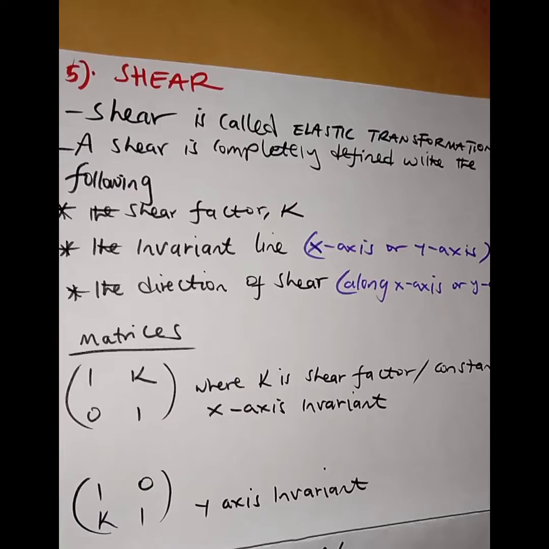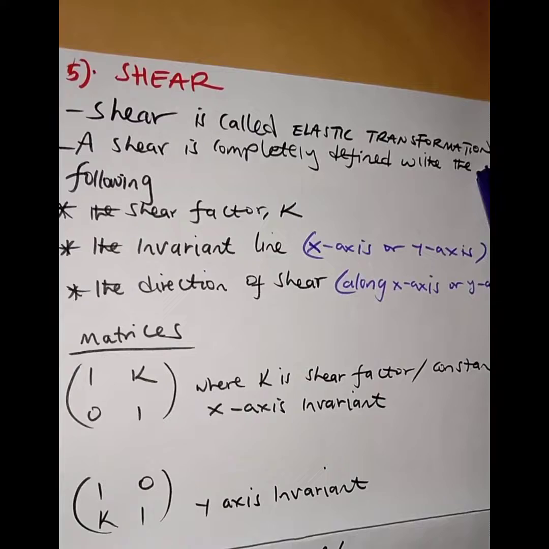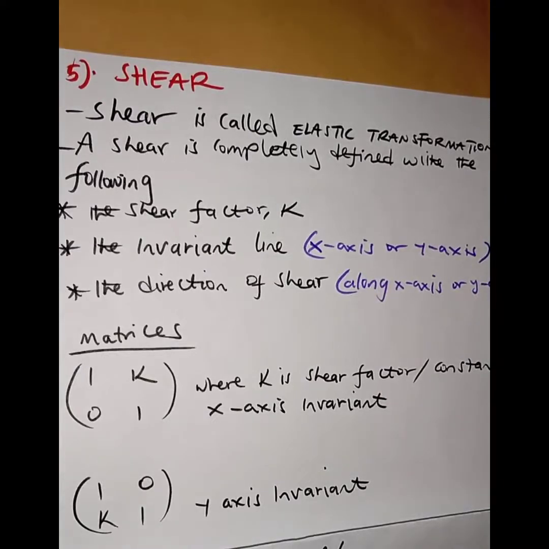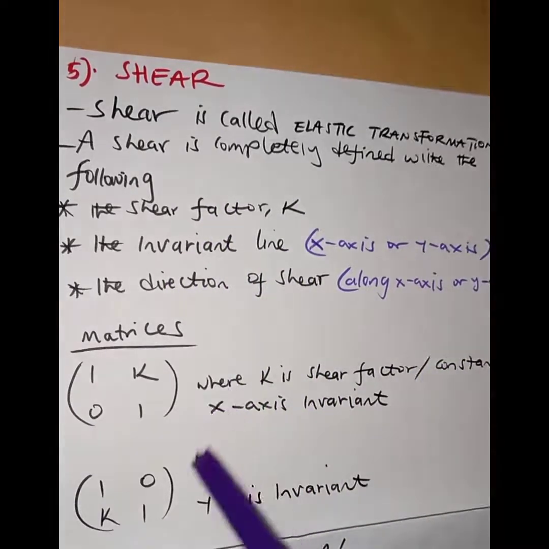The fifth transformation is shear. Shear is called elastic transformation. It is like a catapult. What happens when you pull a catapult and you release it? It goes back to its original size. So shear is called elastic transformation. A shear is completely defined with the following.